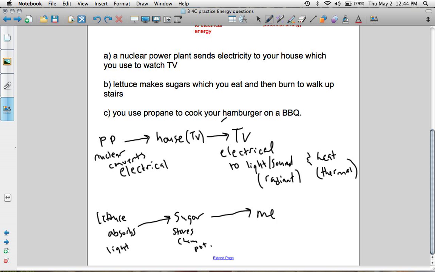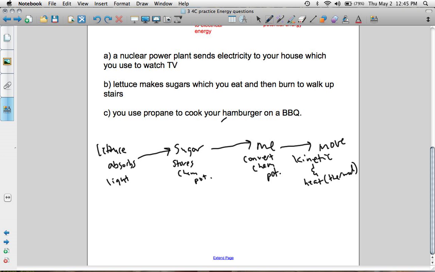Me, I eat it, so I just convert the chemical potential to move. I convert the chemical potential energy into kinetic, because I move. And this one you have to know, because when you walk upstairs a lot, you're going to sweat. You'll also get heat or thermal energy, and so that's what you guys do.